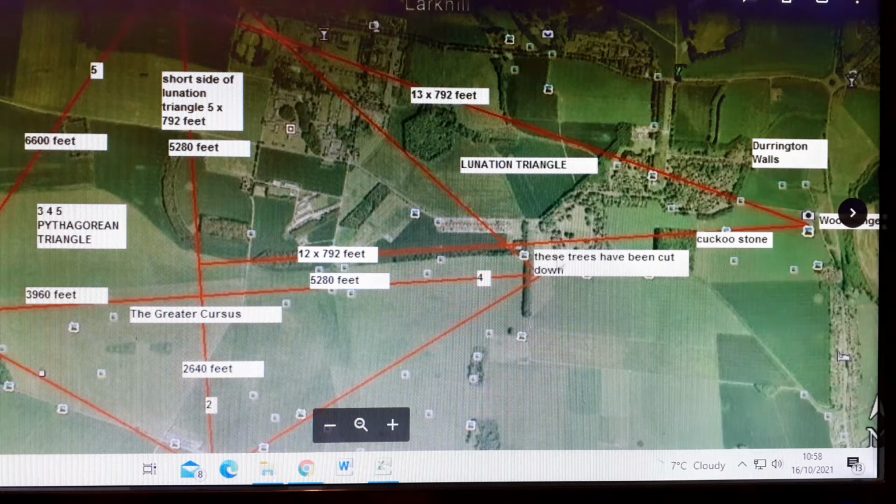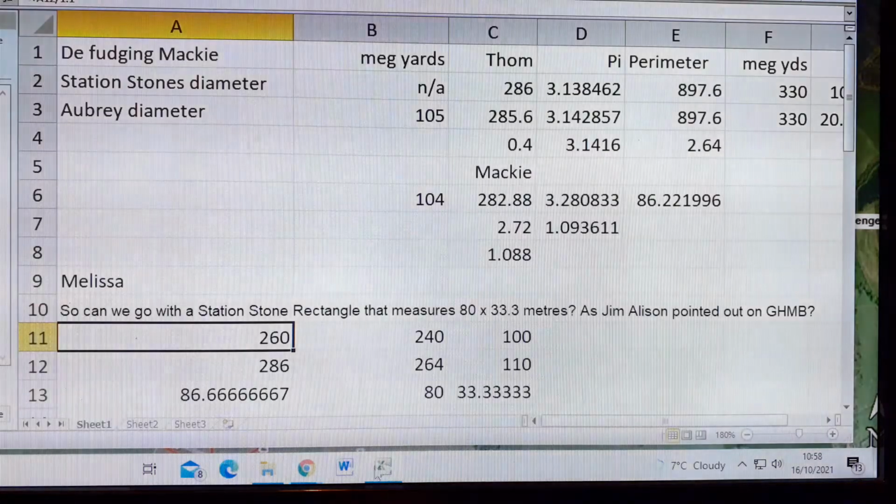And what we find is this lunation triangle I've drawn here is 36 times scaled up against the lunation triangle in the Aubrey circle. The unit in the Aubrey circle that's being used is 22 feet.